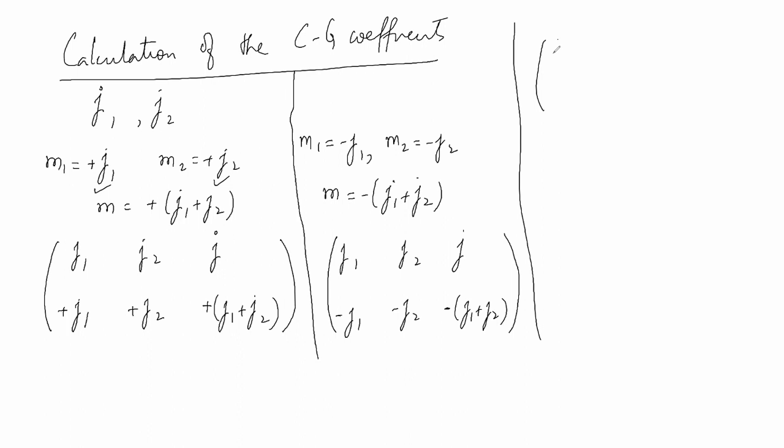For example, half, what is this? Plus J1, that means this is plus half, plus J2, plus half. Now these two are algebraically added, giving plus 1, and plus 1 we can only get when my J is equal to 1. Projection plus 1, I can only get when my J is equal to 1.